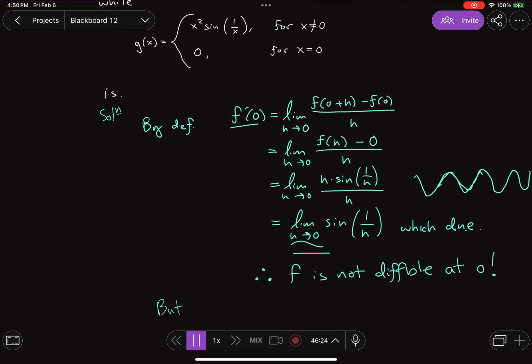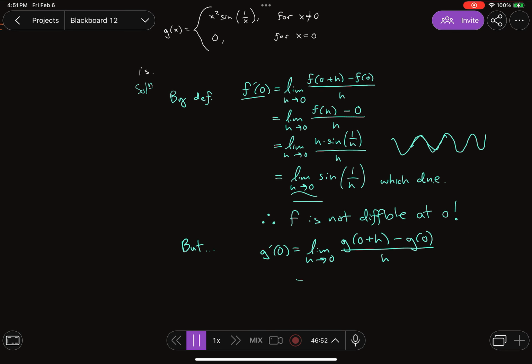We have the limit as h approaches 0 of g of 0 plus h minus g of 0 divided by h. That's the same thing as the limit as h approaches 0. Through the same logic, that's going to be h squared times sine of 1 over h minus g of 0.